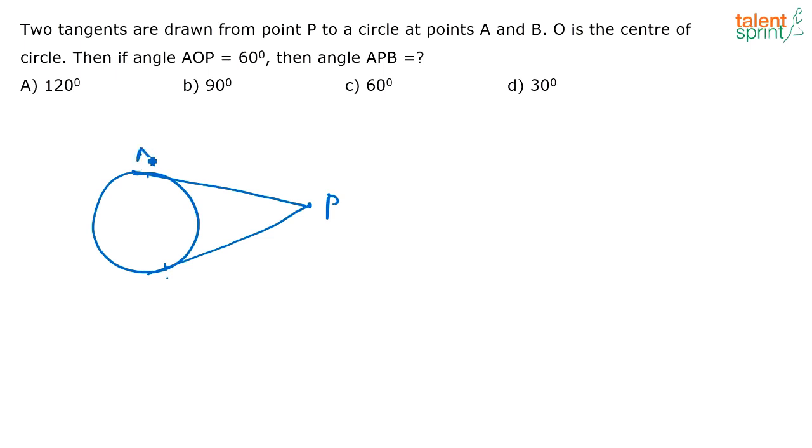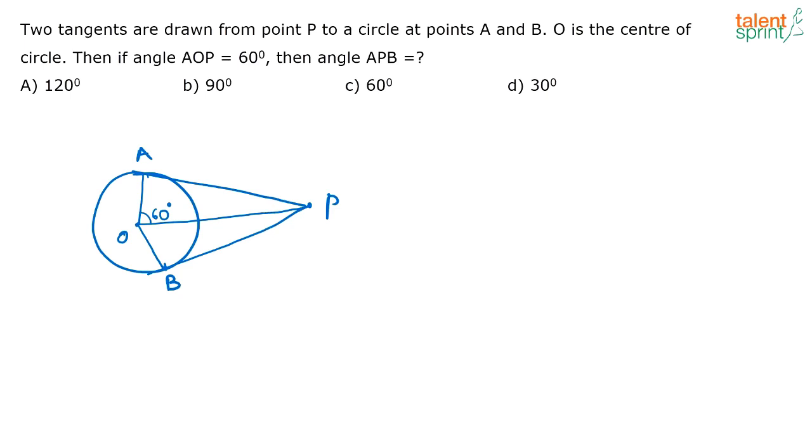So I'm going to take this as A and this as B. O is the center of the circle, and if angle AOP, so what is given? Angle AOP means this angle is given as 60 degrees. They are asking you what is angle APB, okay.